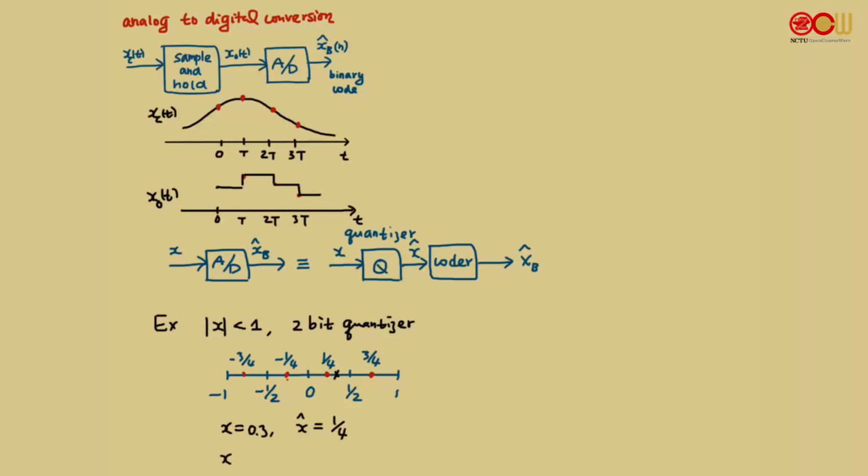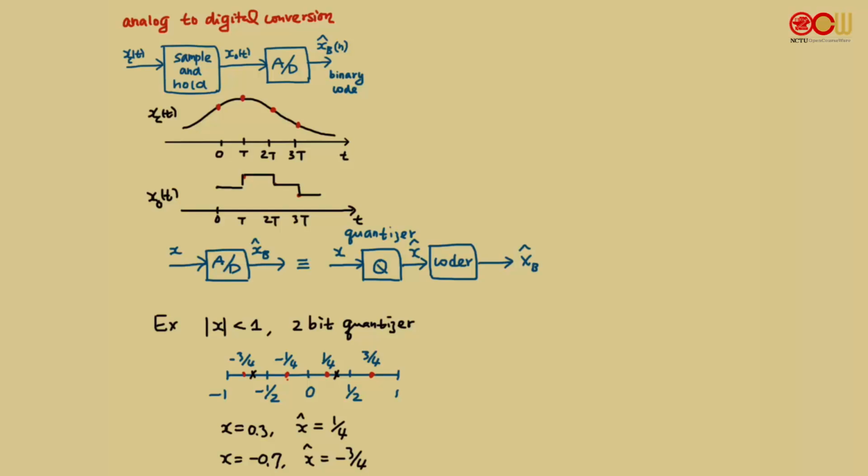As another example, x is equal to minus 0.7. It will fall into this cell here, so it's quantized to this value. Okay, so this is the quantizer part.